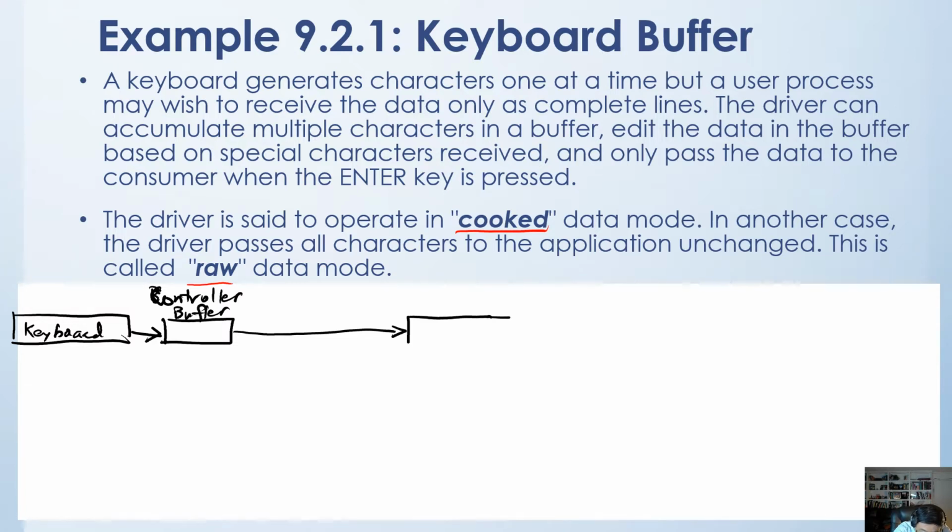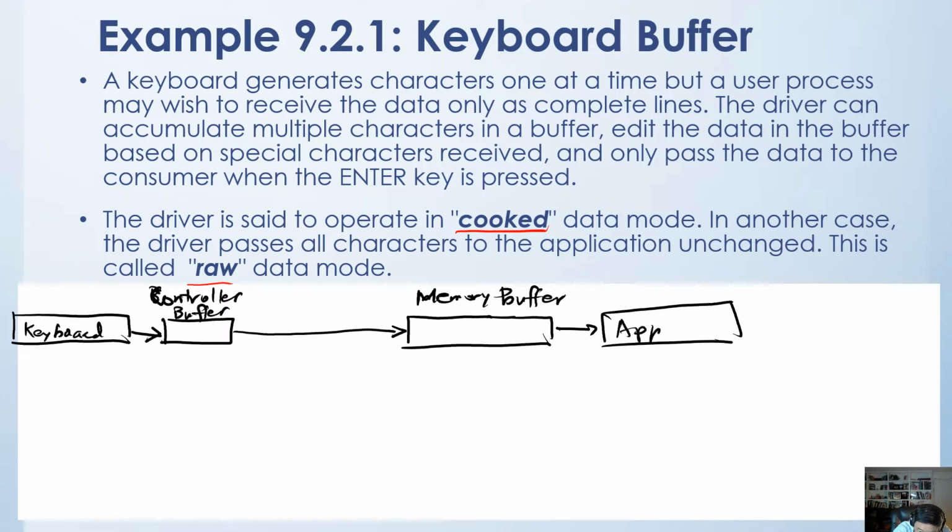Now, before it sends to the memory, it first moves the data from the controller buffer to the memory buffer, and then from the memory buffer to the application. So the controller buffer of a keyboard decouples the operation of the keyboard from the driver.